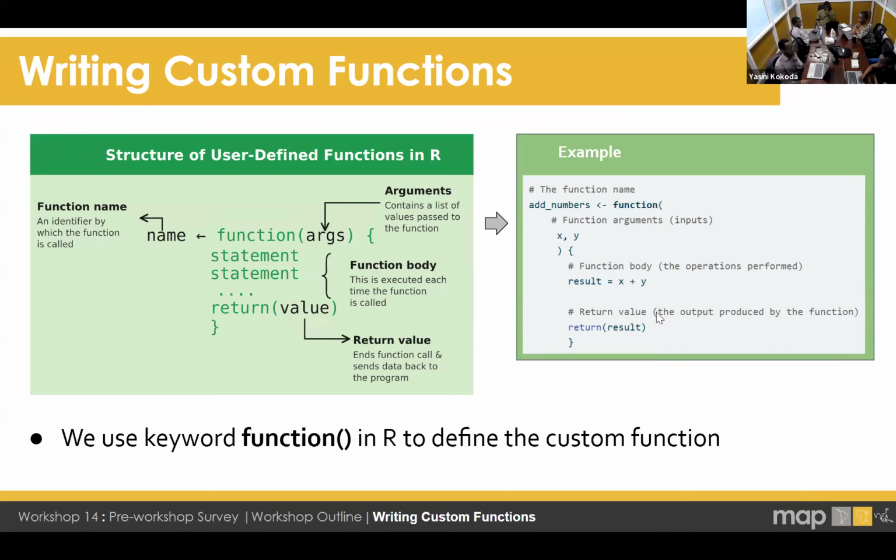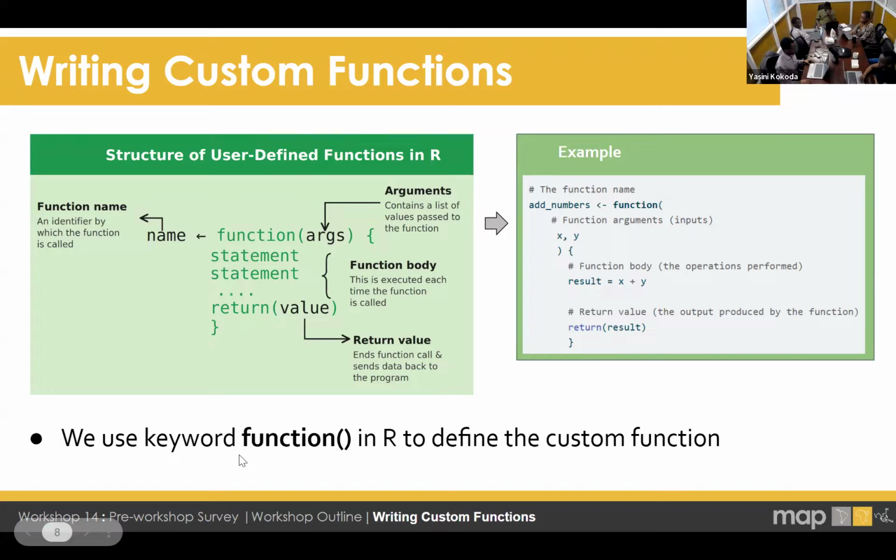It's optional because R just returns the last expression computed. And you can also decide to use return when the execution is stored in a variable, like here we store the results. So when you run this, to get the output, you need to explicitly return the results or whichever variable you have used.